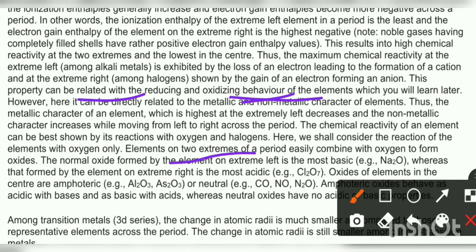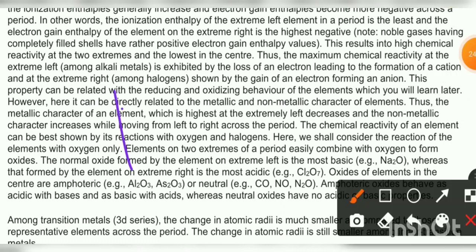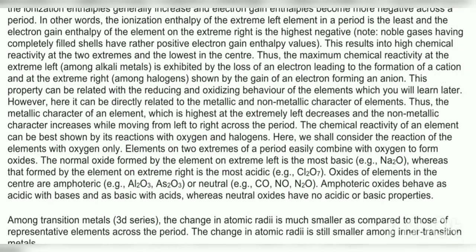Elements on the two extremes of the periodic table easily combine with oxygen to form oxides. Yes, both sides. The elements present at the extreme left side and the right side try to form oxides.